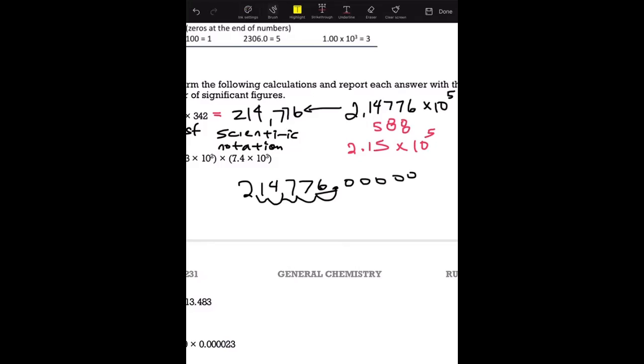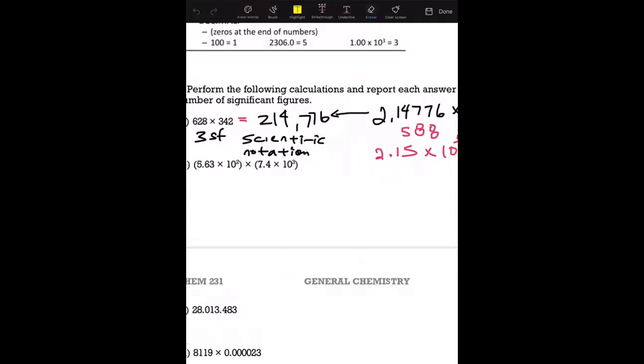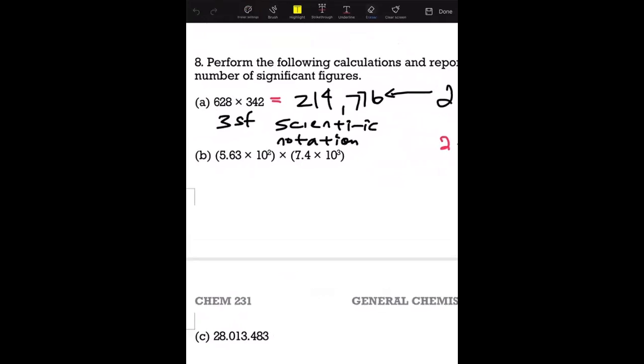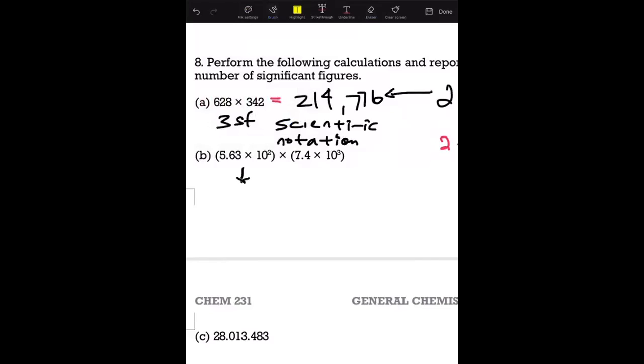All right, let's do the next one: 5.63 times 10 to the second and 7.4 times 10 to the third. Can we also add another quick thought here? What does this number look like if it's not in scientific notation? If I just express it as is, what does that 10 to the second mean?